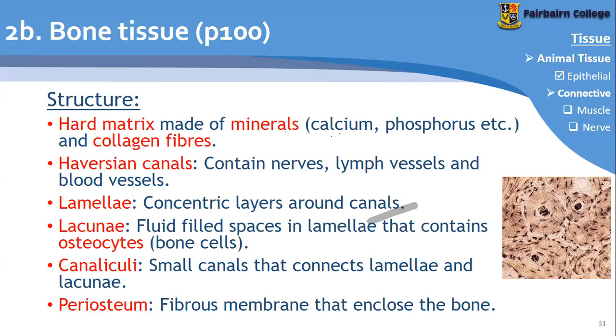When we go to the diagram, you'll see this a bit better than in this picture. So we have the lamellae, then the lacunae, and in between all of this, you have tiny little canals that connect everything together. Those are called the canaliculi.